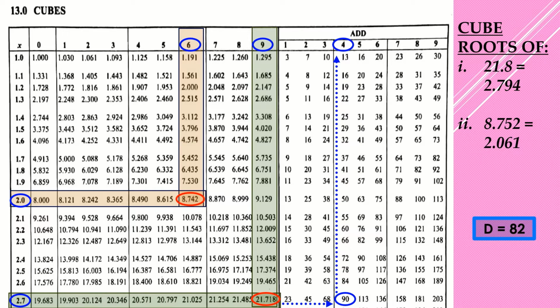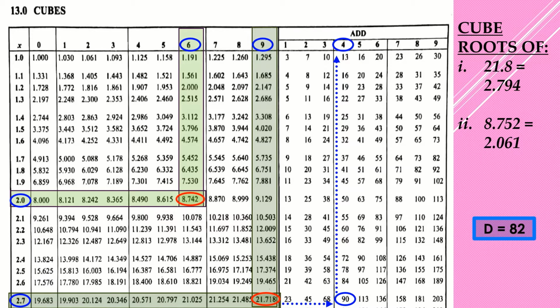8.742. So we need to get the difference. So we take 8.752 minus 8.742. If we get that difference using our calculators, we will be able to find the third decimal digit, which is part of the solution. So we take our calculators and we get the difference.